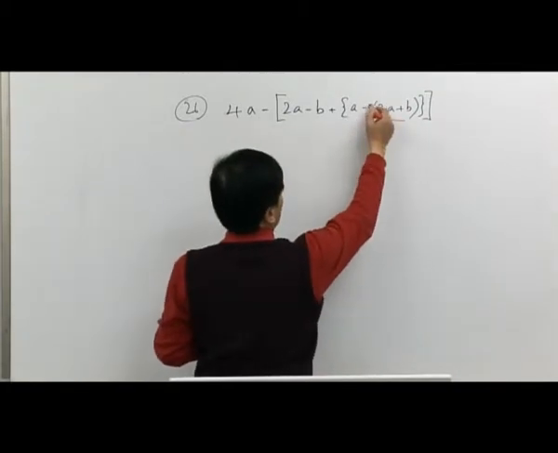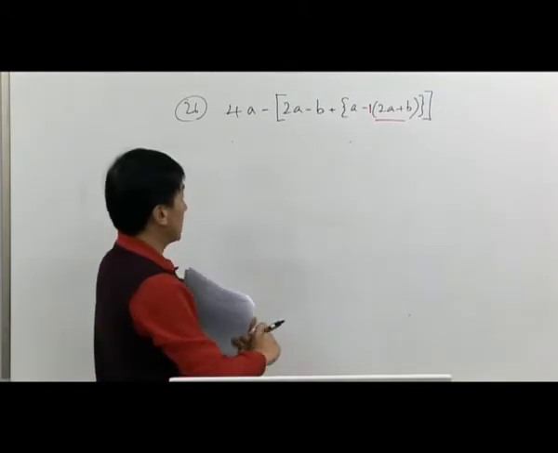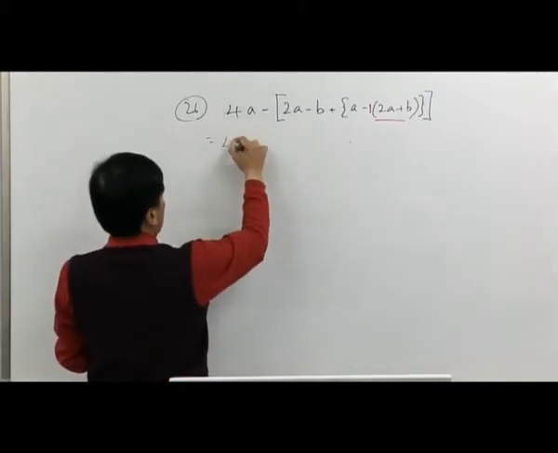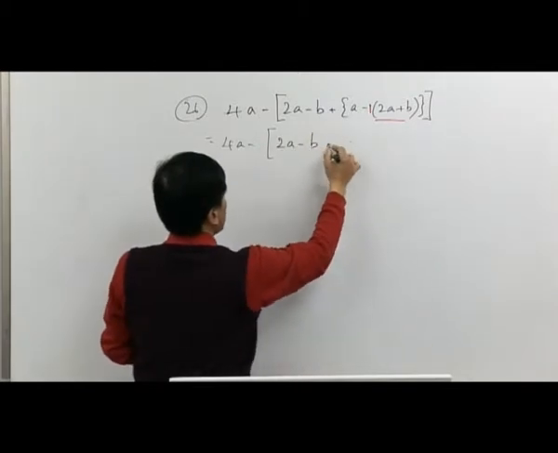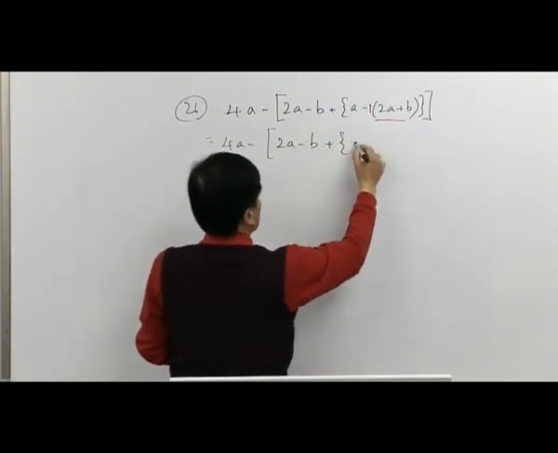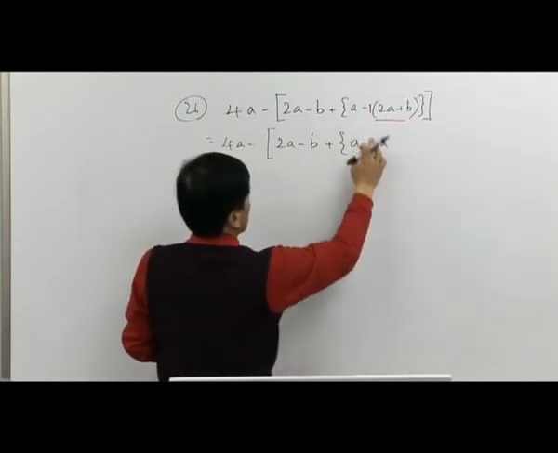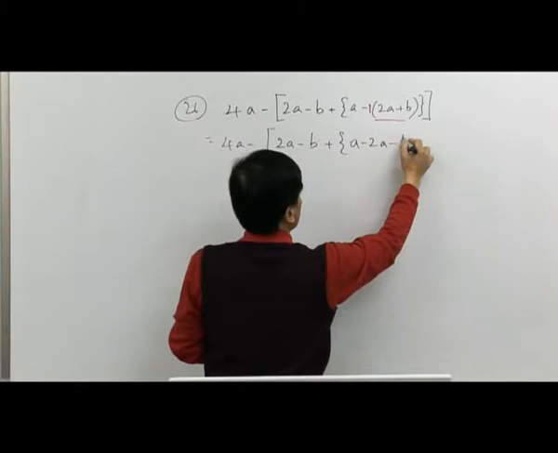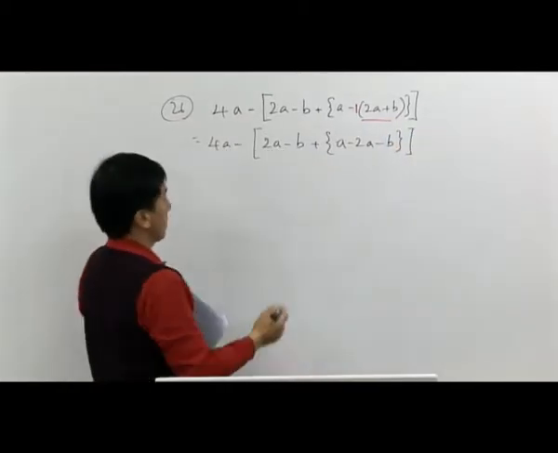We can think of it like there's a 1 at the front. So we still have 4a minus 2a minus b plus another bracket. So a minus 1 times 2a will be minus 2a. Minus 1 times plus b is minus b. And then close it with the big bracket.